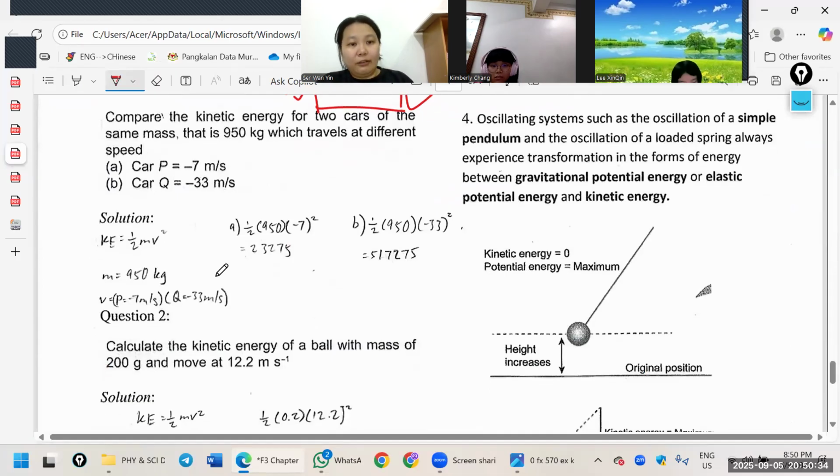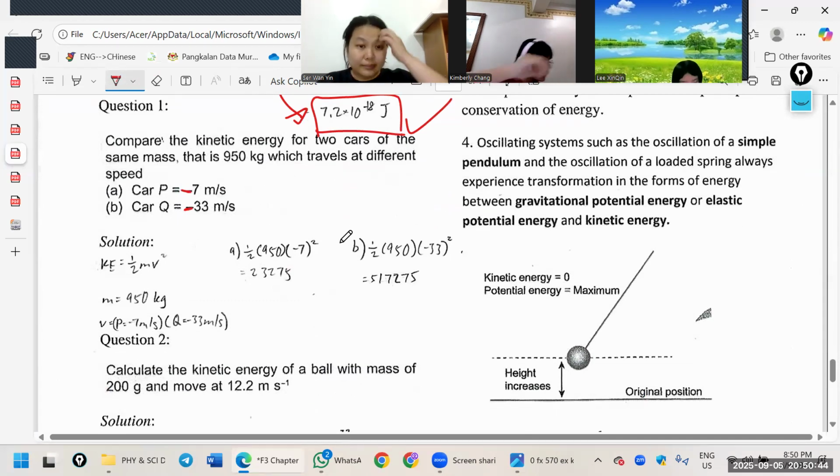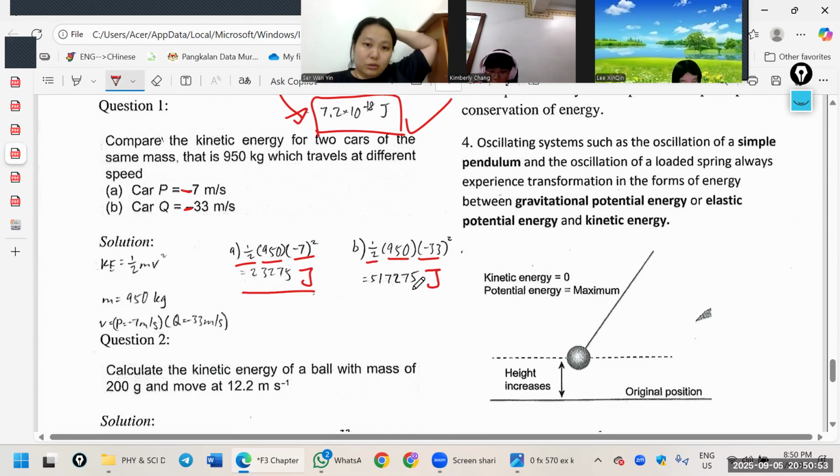So this one is half mv square. Negative means opposite direction, but it's okay. Half mv squared. Half mv squared. Yeah, joules and joules.